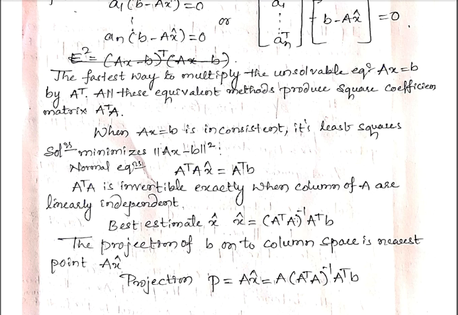X cap is the inverse of A transpose A, times A transpose B. The projection of B onto the column space is the nearest point AX cap.